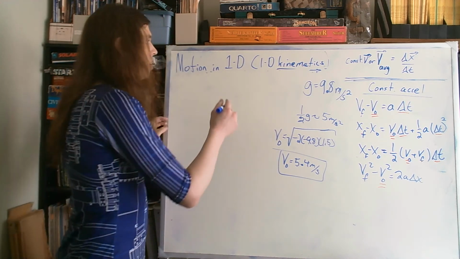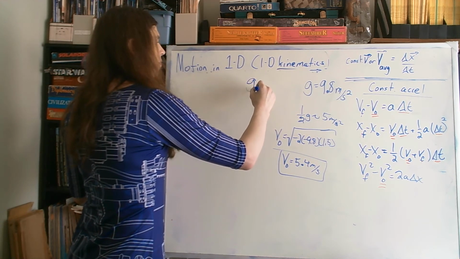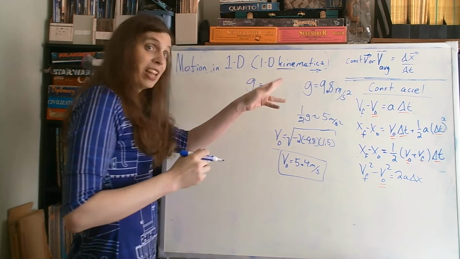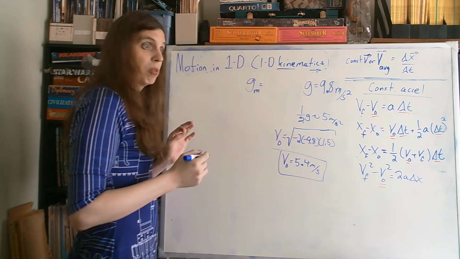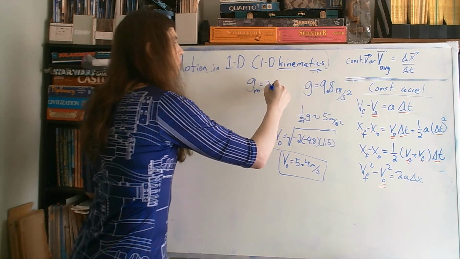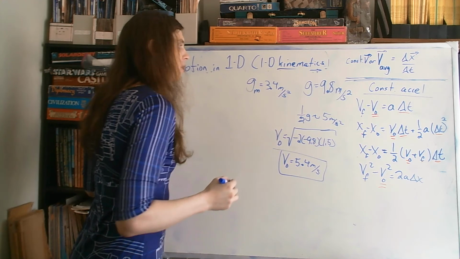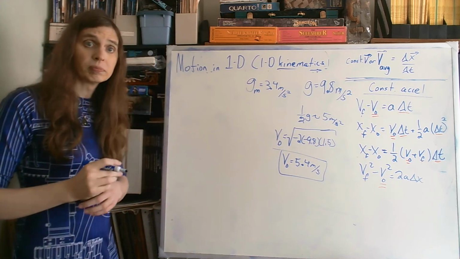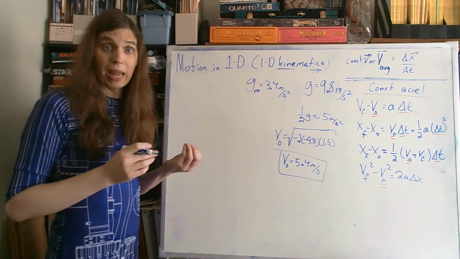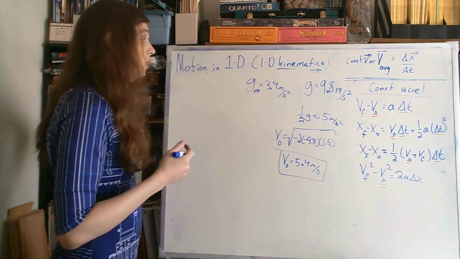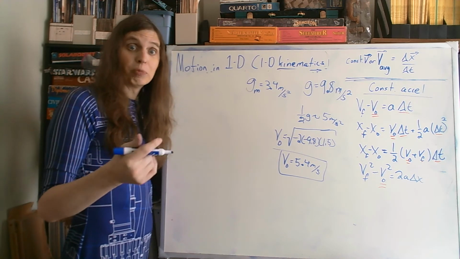But g for Mars is not 9.8 meters per second squared. No, it's more like 3.4 meters per second squared, because Mars is smaller and lower mass. So how does that affect your high jump?